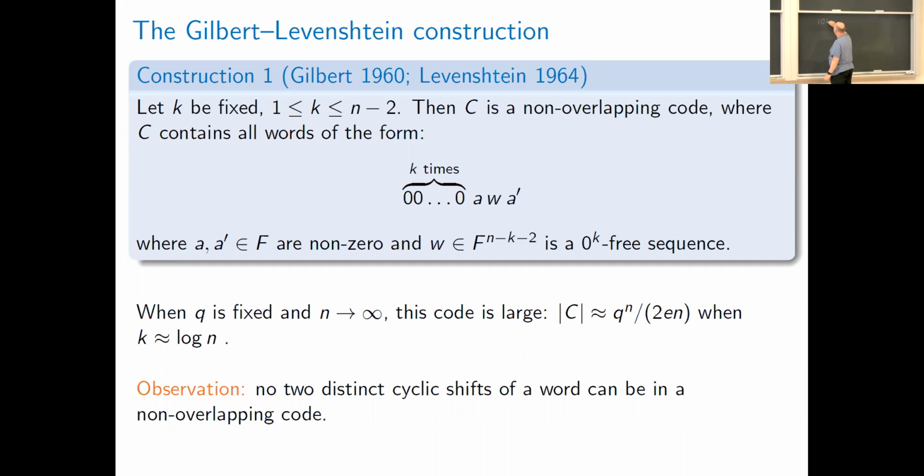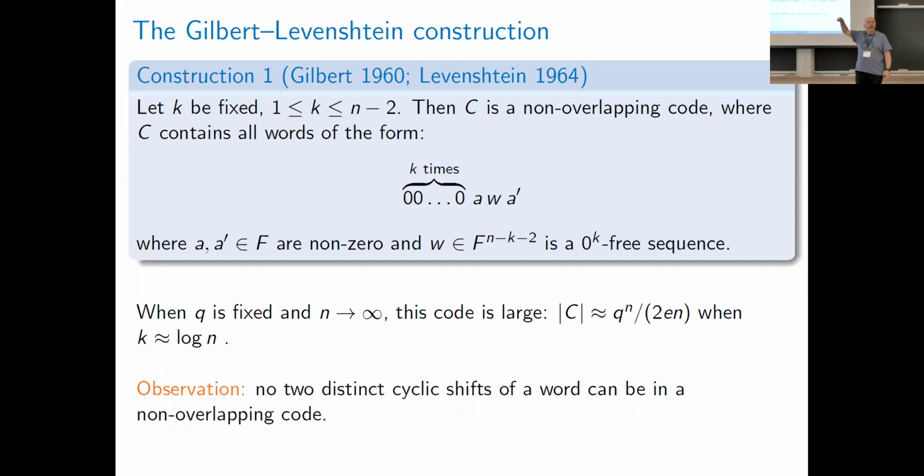Suppose I take 0 1 0 1 1, and take a cyclic shift, 1 1 0 1. You can see that they can overlap.